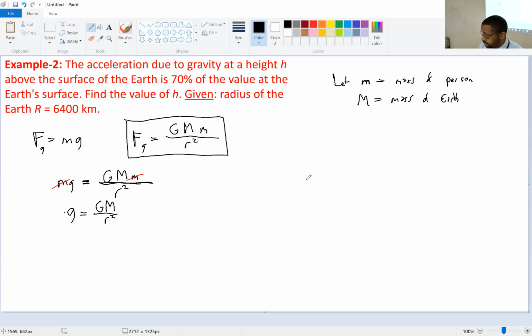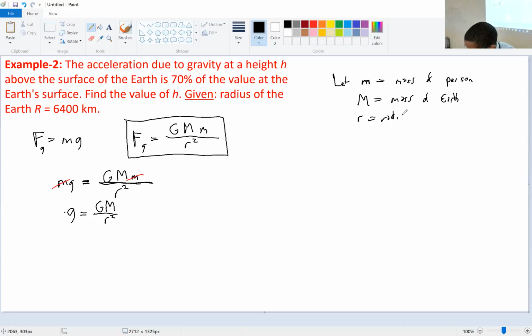So acceleration due to gravity varies based on how high you are from the center of the Earth. And so we estimate that we want gravity to be 70% of what it usually is at the Earth's surface. And then, we're just going to say the distance from the Earth's surface is the radius of the Earth. And let me actually write that here.